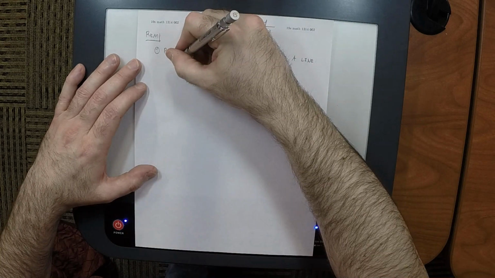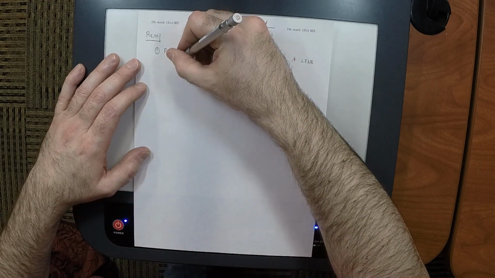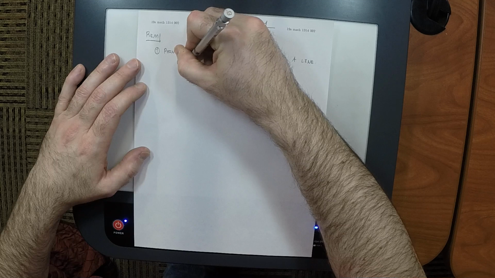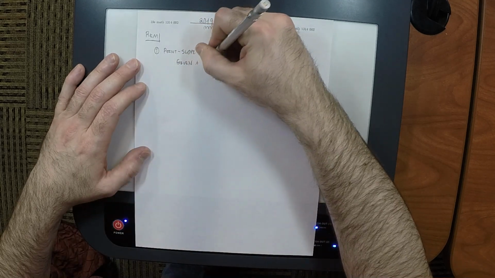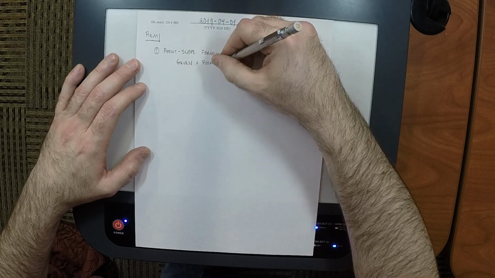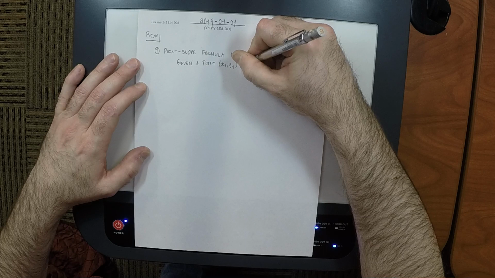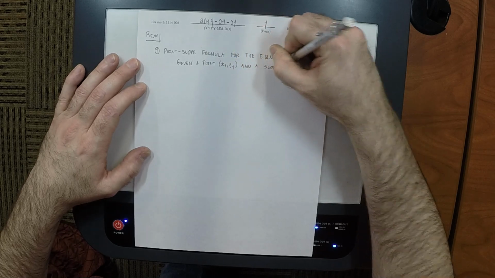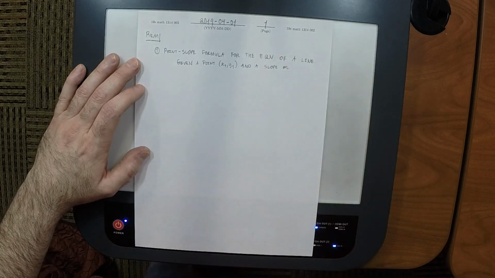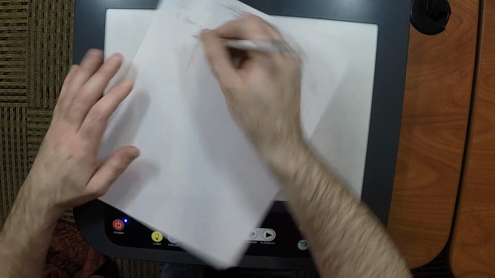It's named after the information that you know. So you're given a point (x1, y1) and a slope, little m, then the situation looks like this.